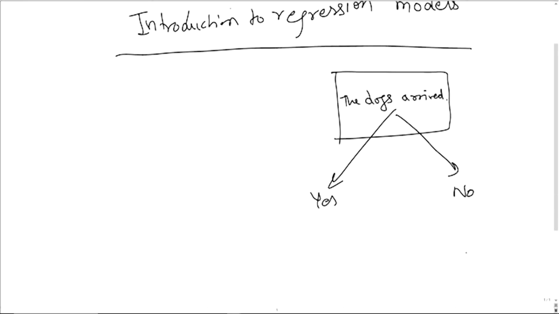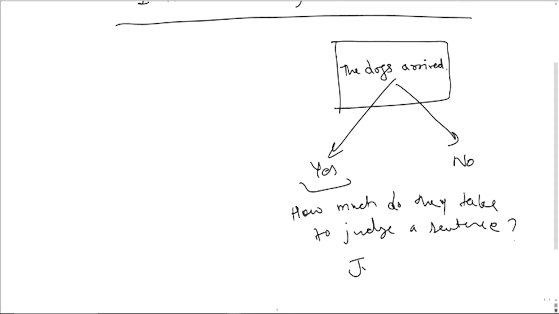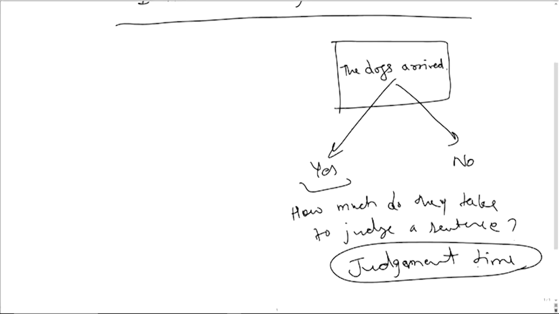But what we are really interested in is how much time do they take to make this judgment? How much time do they take to judge a sentence? We have taken a similar example before, right? Let us call it judgment time, or reaction time, whatever you want to call it.